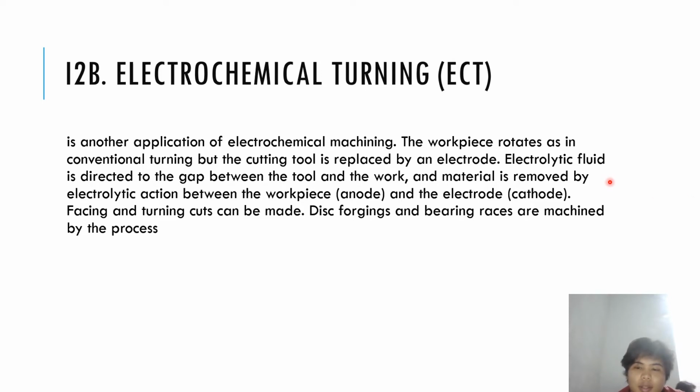Electrolytic fluid is directed to the gap between the tool and the work, and material is removed by electrolytic action between the workpiece or anode and the electrode or cathode. Facing and turning cuts can be made. This forging and bearing races are machined by the process.